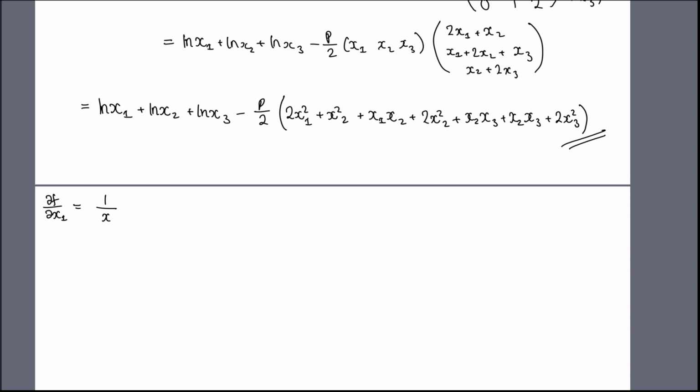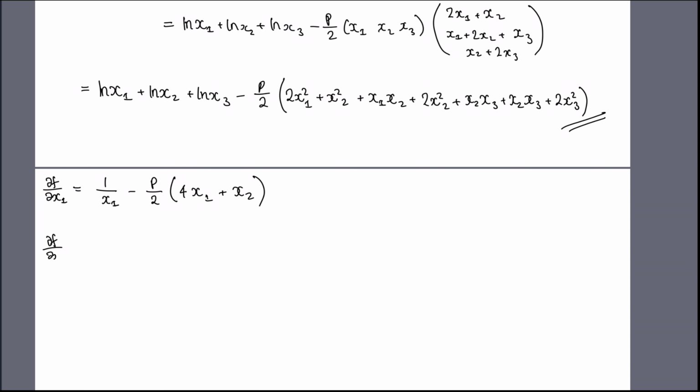So 1 over x1 minus rho over 2 times 4x1 plus x2. Partially differentiating with respect to x2 gives us 1 over x2 minus rho over 2 brackets 2x2 plus x1 plus 4x2 plus x3 plus x3.